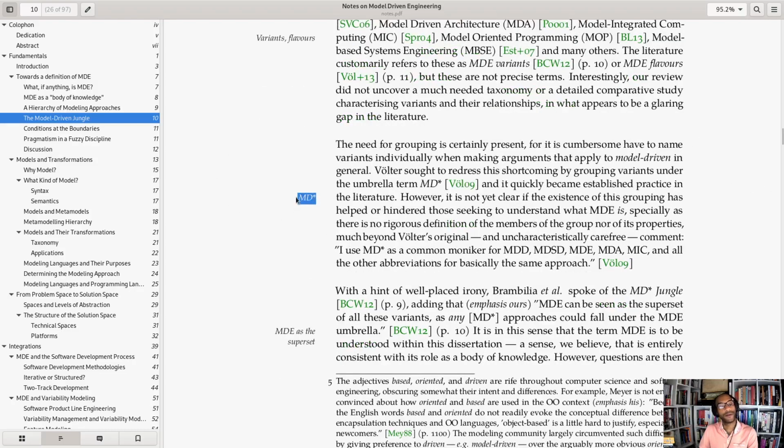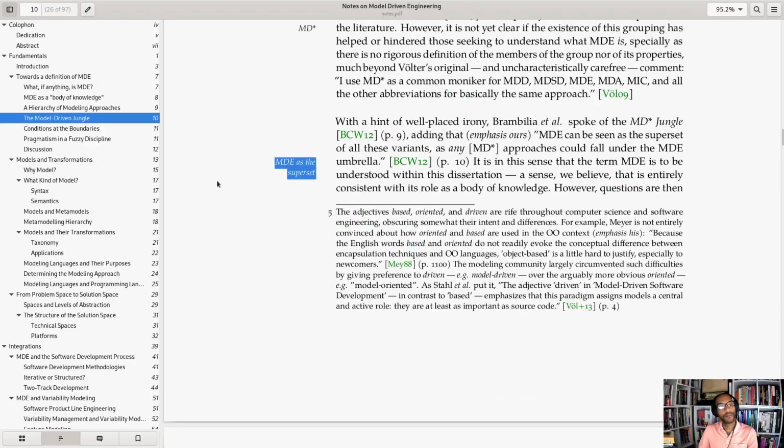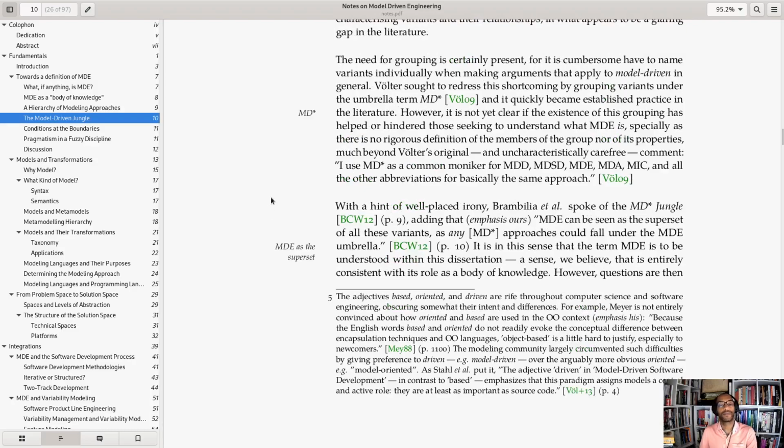To talk about the variants in general, we use the term MD star. If you basically mean any of the model-driven approaches, you normally just say MD star. But the idea is that model-driven engineering is a superset. It's the body of knowledge that encompasses all of these approaches and all of the model-driven related techniques and tools, all fit within this superset.